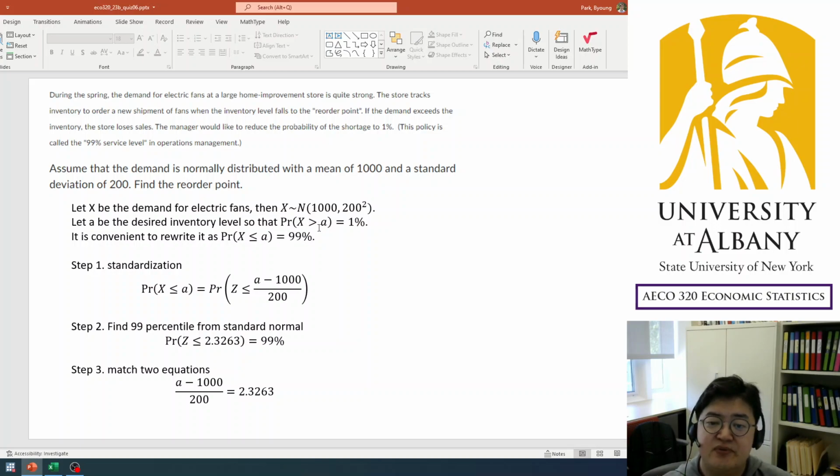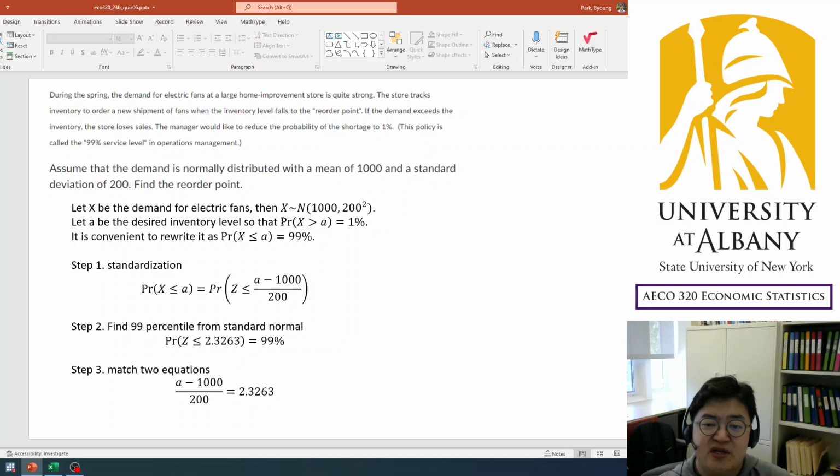This problem happens only 1% of the time. You want to keep the inventory such that this probability is as small as 1%, right? So you are looking for the inventory level that limits this probability to 1%.